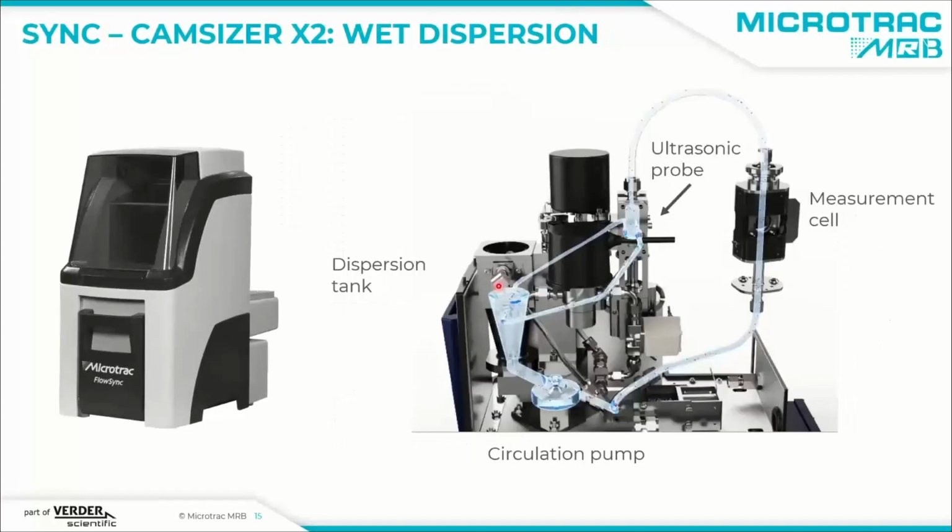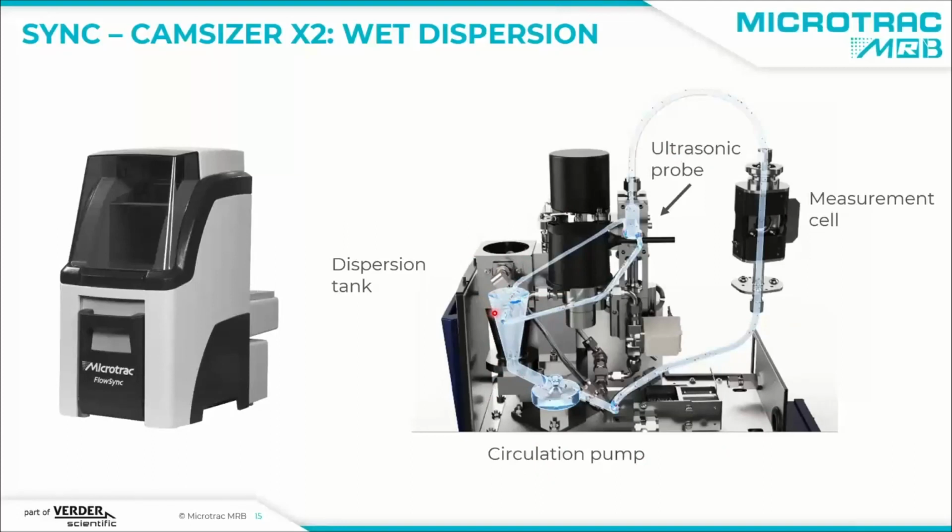First of all, I would like to show you how the wet measurement with the FLOW SYNC is working. This is the FLOW SYNC, which can be connected to the base analyzer, and this is how it looks on the inside. You have a dispersion tank where you see the liquid level here. So the FLOW SYNC is filled with a suitable dispersing liquid.